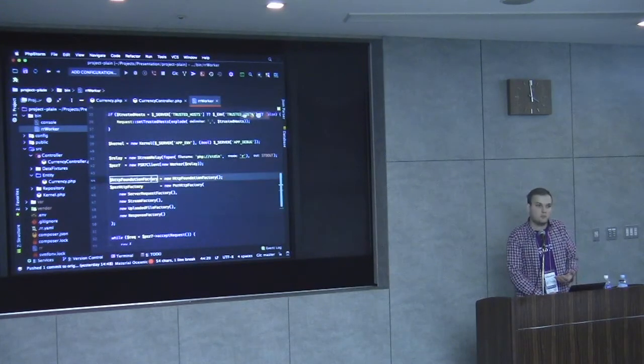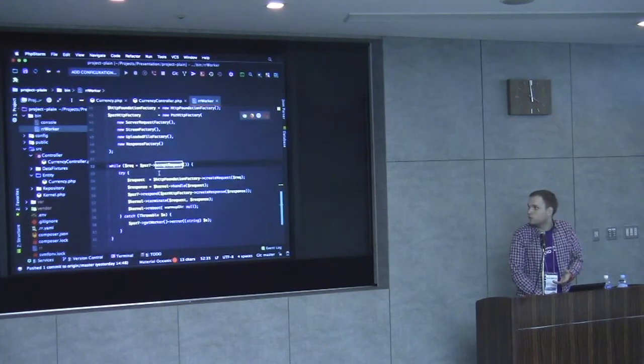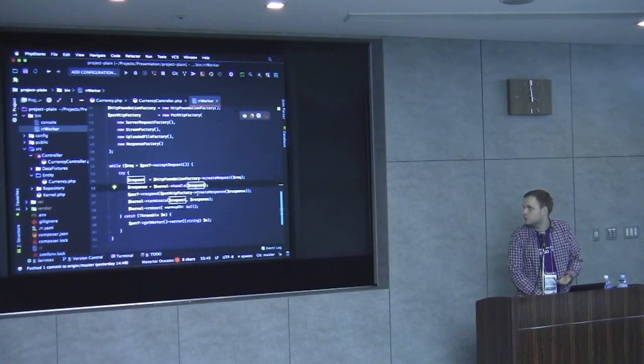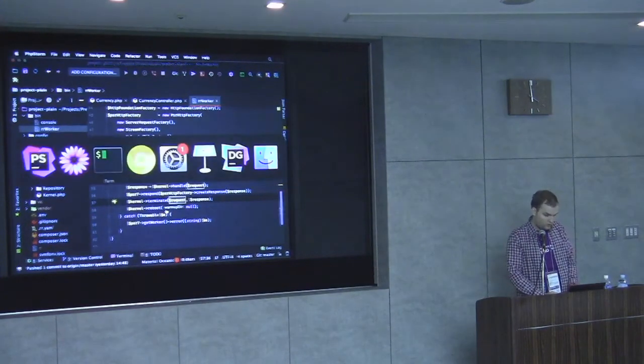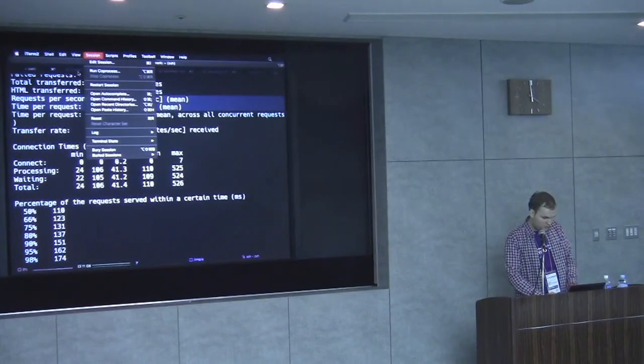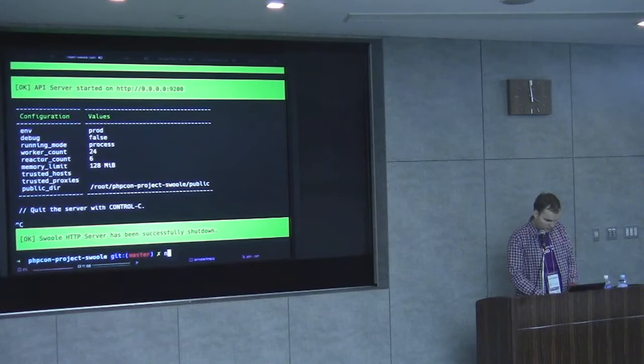There's a factory for accepting PSR-7 server requests in Symfony. Same while loop: I create a request from PSR-7, the kernel handles it, you create a response, terminate, boot your kernel. A typical simple application. So let's run it.